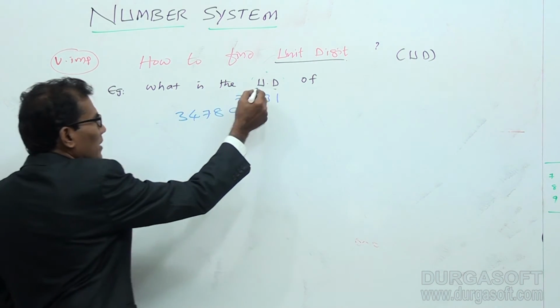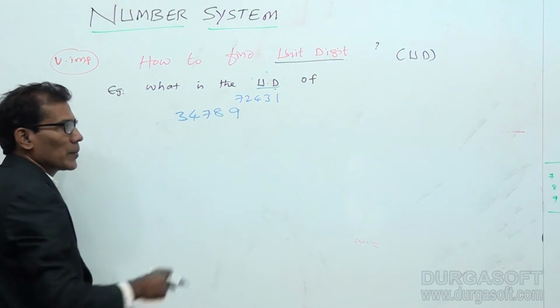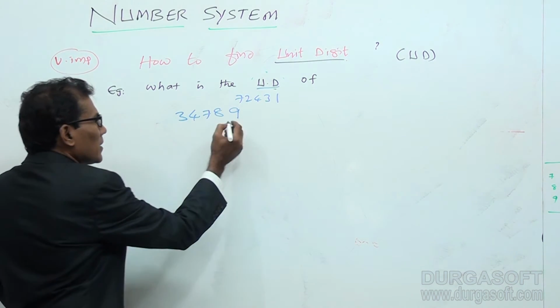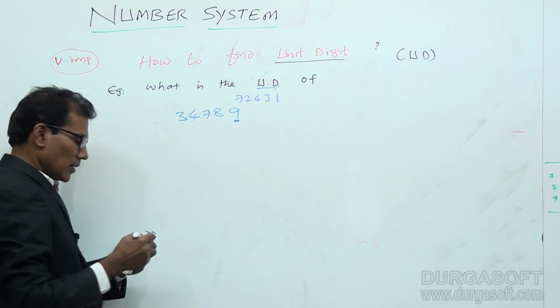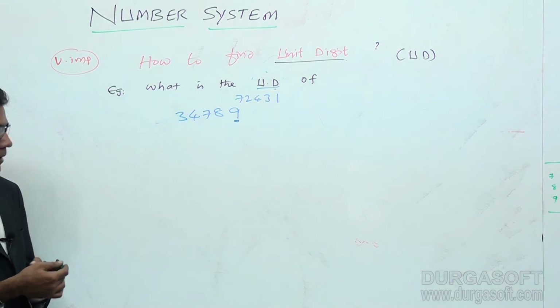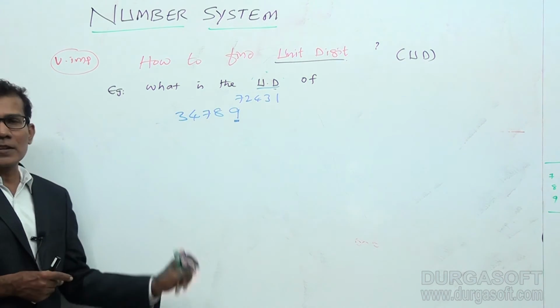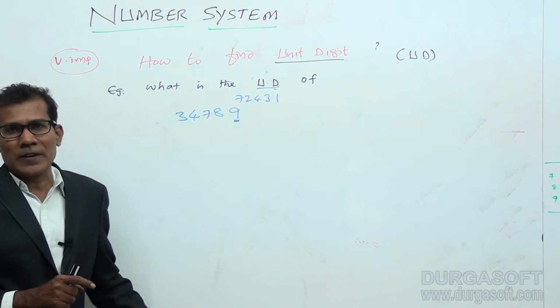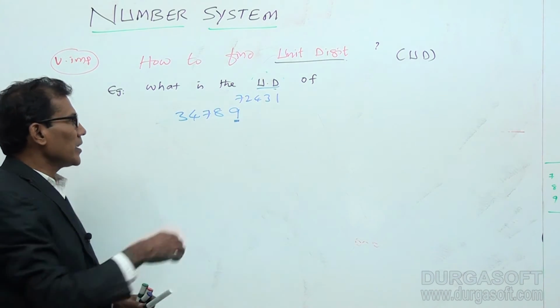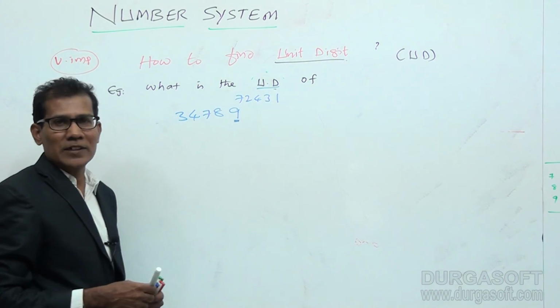We need to find the unit digit of this number, which is in the form of a power b. Here, just check the unit digit of the base in the given number. The unit digit is 9. It is not 0, it is not 1, it is not 5, it is not 6, then all we need to do is divide this power by 4.